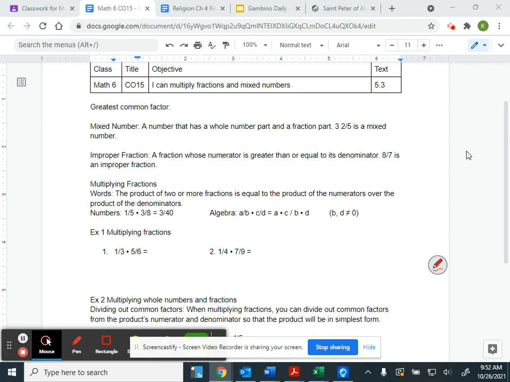The first thing we need to think about is the greatest common factor.